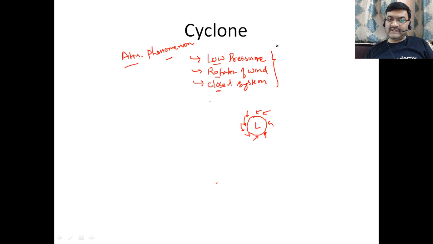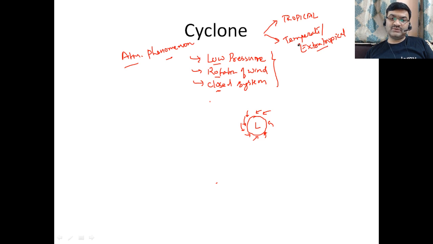Based on latitude, the cyclones are classified into two types. One is known as tropical cyclone and the other is known as temperate or extratropical cyclone. If you say tropical, a tropical cyclone will occur up to 30-degree latitude.